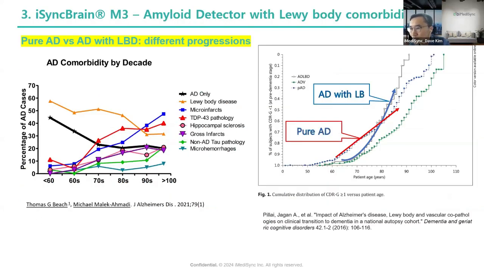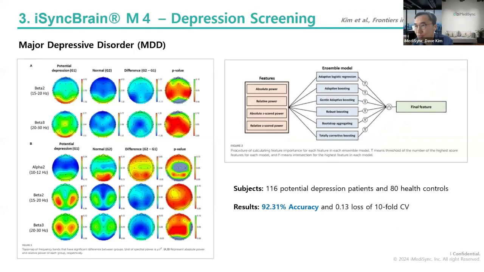And another important one is the Lewy body differentiation using the same QEEG profile. Lewy body and amyloidopathy have different QEEG profiles. We can separate these two. That's another specialty. And we can also screen the high risk depression population using this kind of depression screening biomarker.